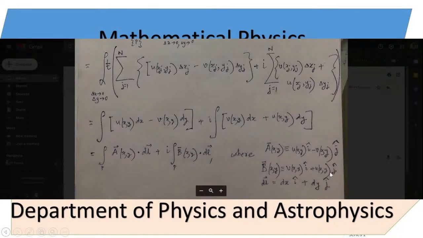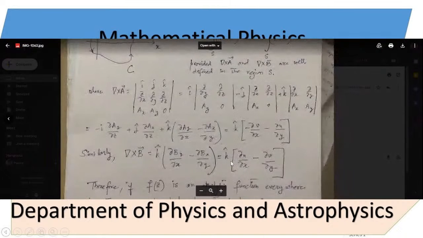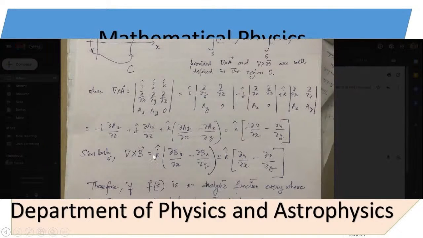Bx is v and By is u. And therefore, you get curl of B to be del u by del x minus, because of this minus sign, del v by del y. Now you appear to witness a very interesting result.